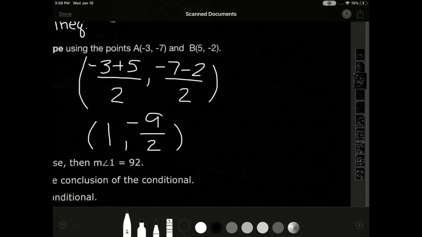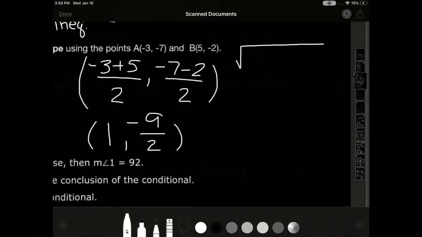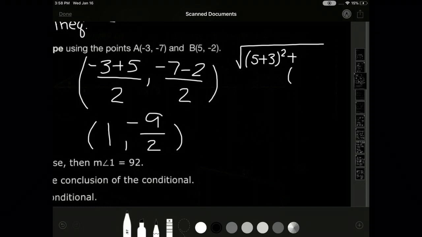And now we get the really fun distance formula. I'm going to try to squeeze that in over here. So x2 minus x1, right? So 5 plus 3 squared plus, I have to write it down here, y2 minus y1, so negative 2 plus 7 squared.